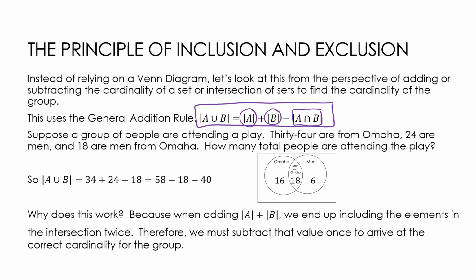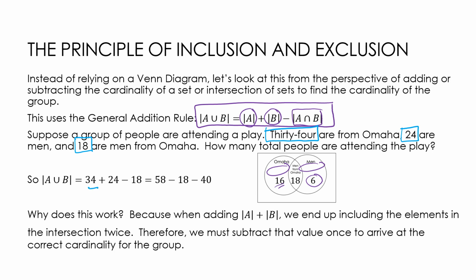So again, let's take a look at that exact same example. Instead of having to do the subtraction here to get 16 and do the subtraction here to get 6, I'm just going to use the numbers directly from my question. 34 are Omaha, 24 are men, 18 are men from Omaha.